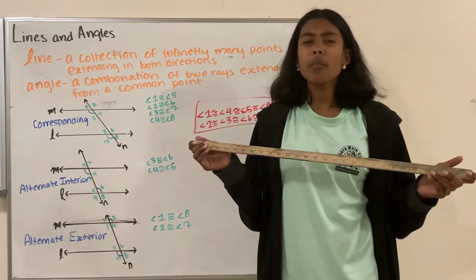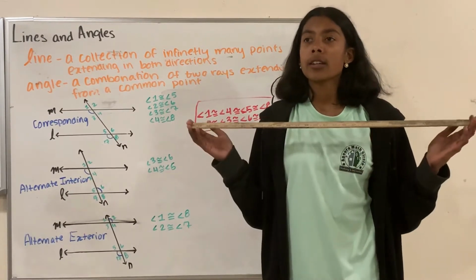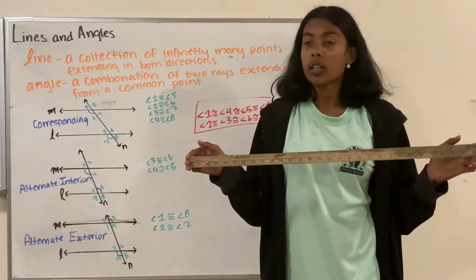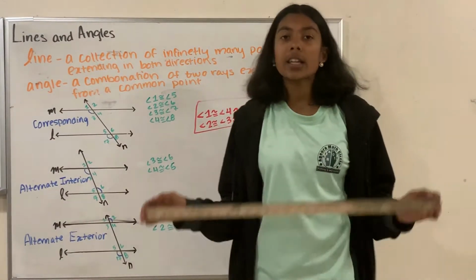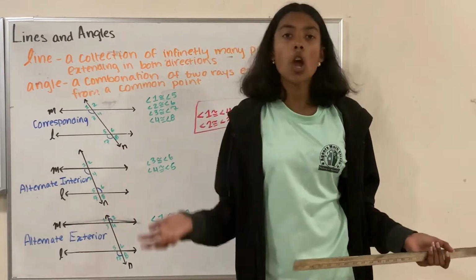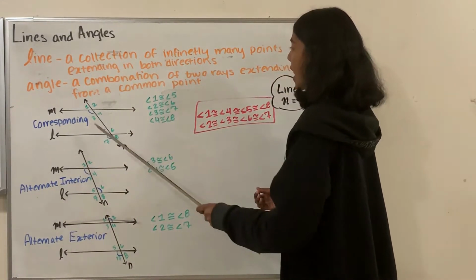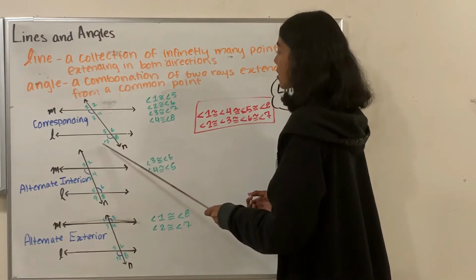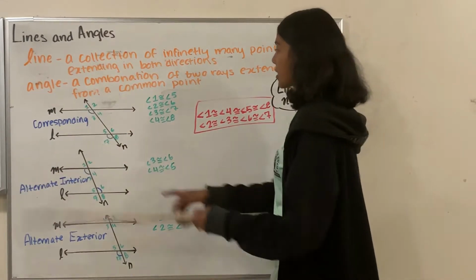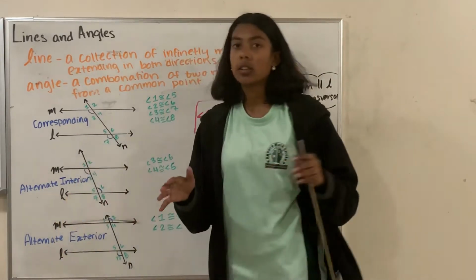So from parallel lines, you get a lot of good relationships. And the first one is called corresponding angles. And it's a postulate, meaning it can't be proved, but you just know it's true. So from this, we get that angle 3 is congruent to angle 7, because if you look here, they correspond in their quarter.